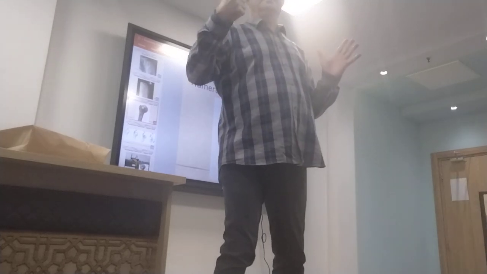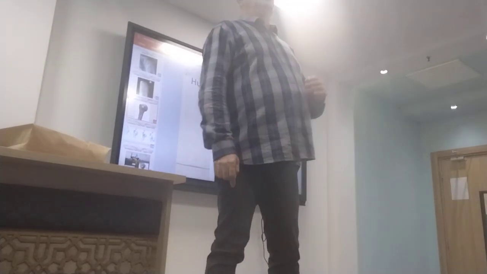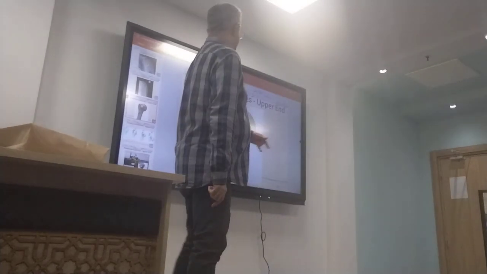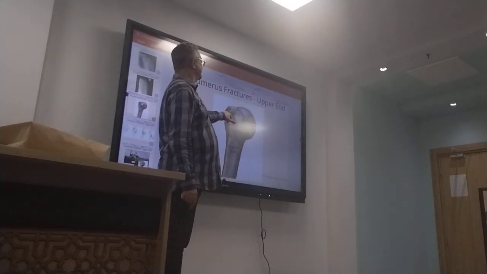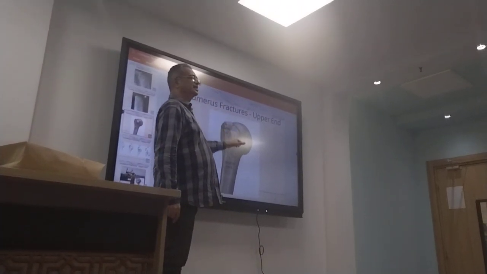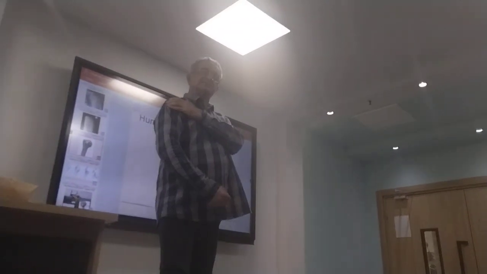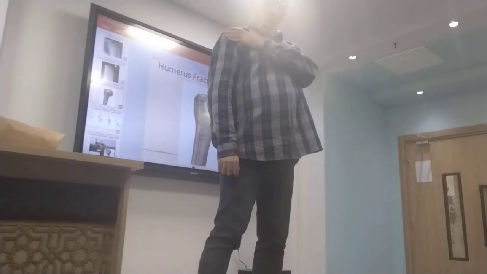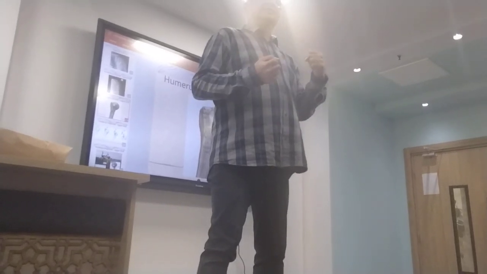An avulsion fracture in the lesser tuberosity. An avulsion fracture, taking it out. In the greater tuberosity, for instance, the deltoid. Okay, if the muscle is very powerful.